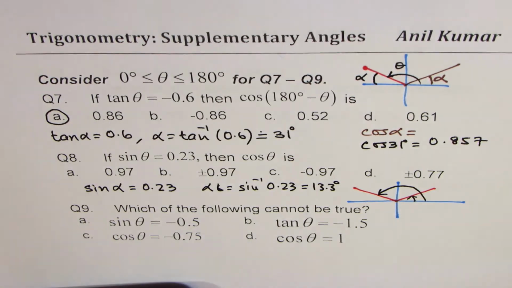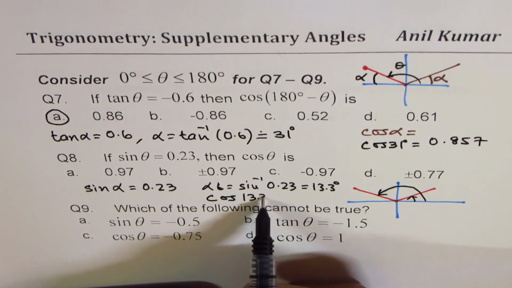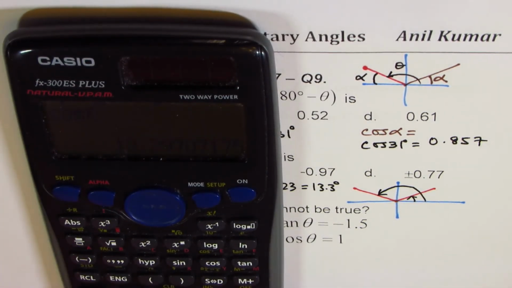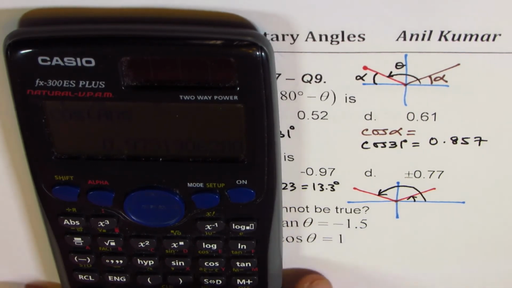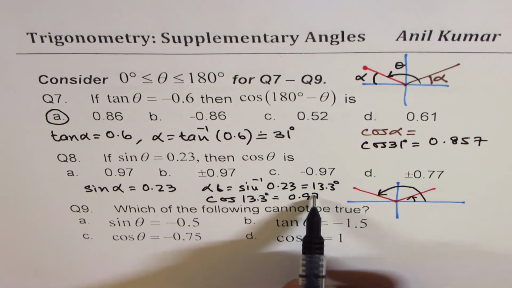Now let's find cos of 13.3 degrees. So we'll do cos of the angle, which is our answer. It gives me 0.97. So 0.97 is the answer.